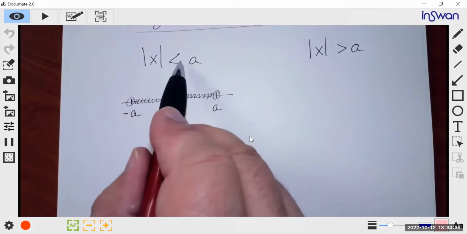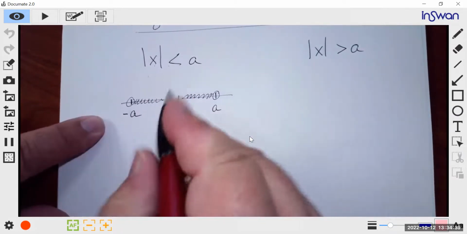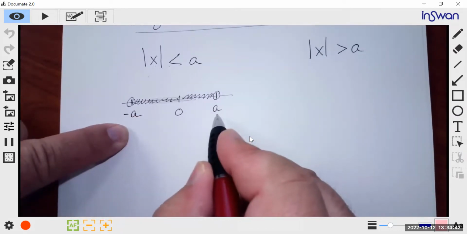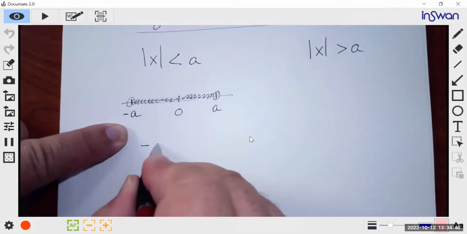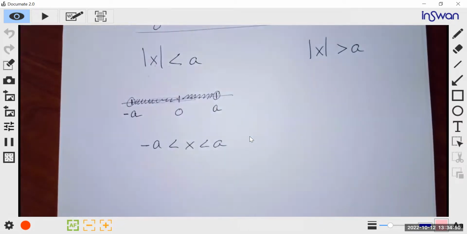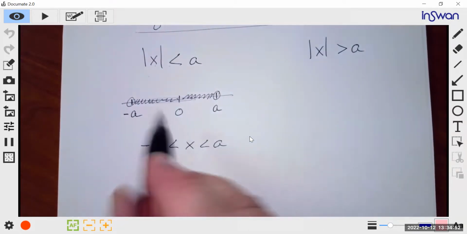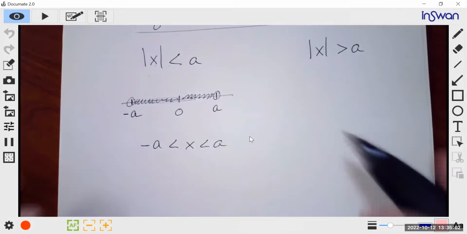So if absolute value of x is less than a number, x is between negative a and positive a. So if I drop the absolute values, I get that equation, because it has to be between those two numbers. Makes sense? So if you look at it that way, it makes sense, I hope.